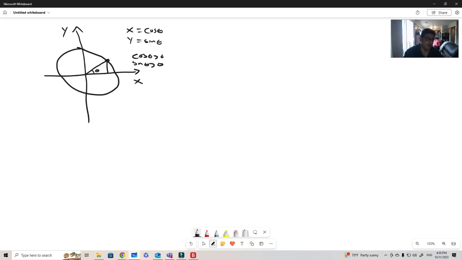If the angle is in the second quadrant, and what do I mean by the second quadrant? Again, if I have an angle like this, I'm working with this reference angle here. In this scenario, the cosine is negative, of course, because I'm on this side where the negative x are, but the sine is still positive.